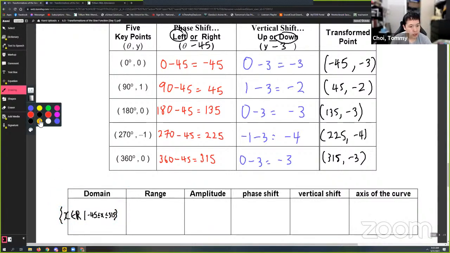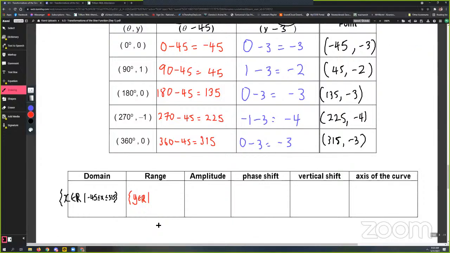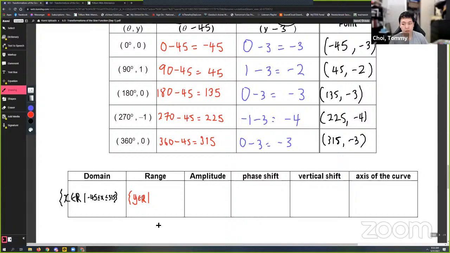Okay, and the next one here, the range. Anyone want to give range a shot? Anyone at all? I'll get you started. It's y ∈ ℝ. We just need the restrictions. Not -3.